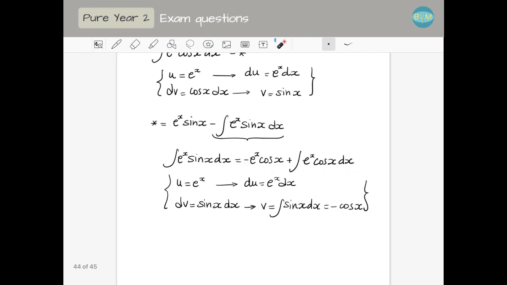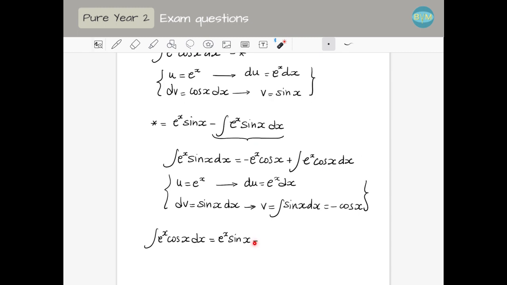So if I write the whole thing, I have the integral of e to the power of x cos x dx is going to be equal to e to the power of x sine x minus this integral, which is all this thing here.